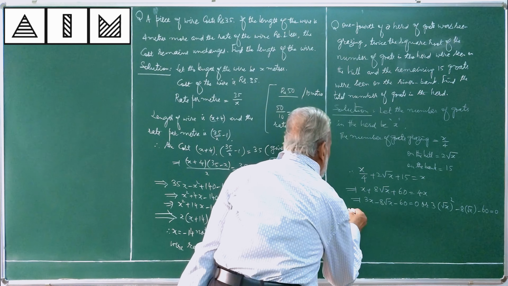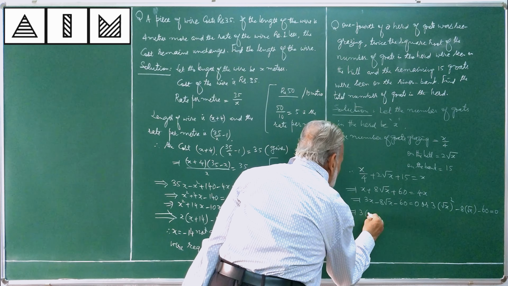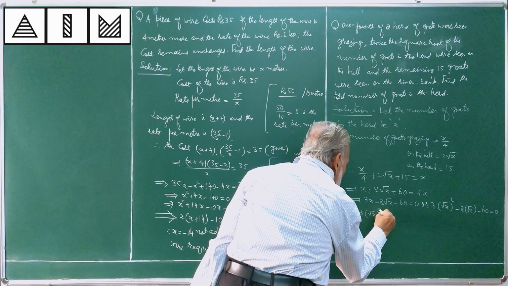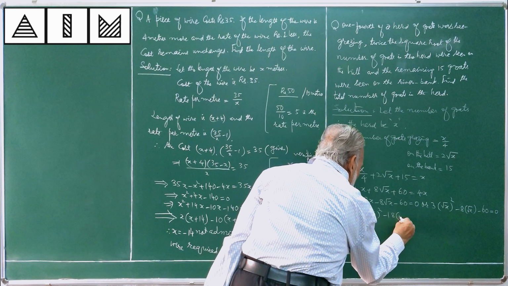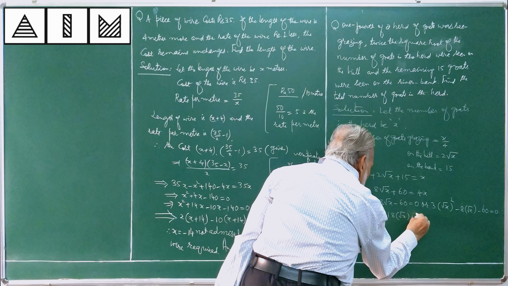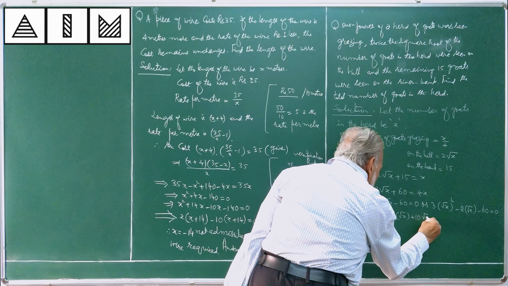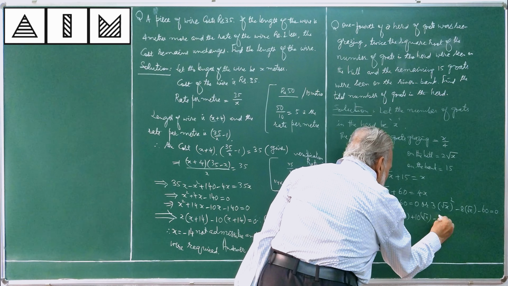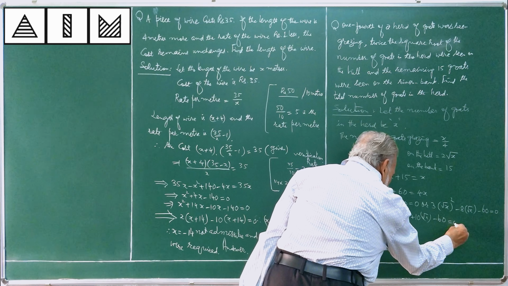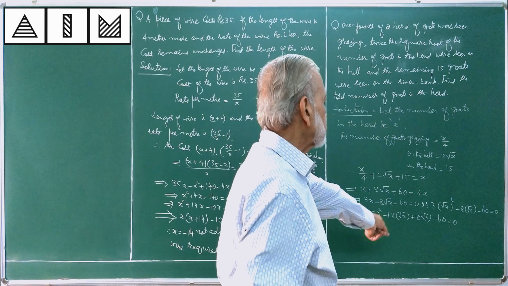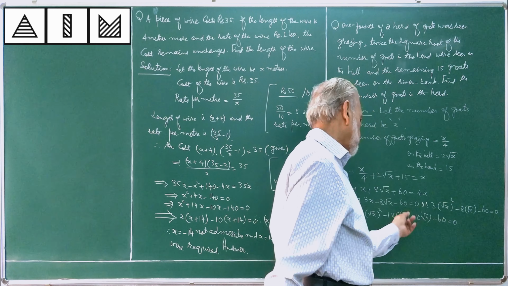Factorization. Understand factorization. Minus 18 plus 10 are the factors, minus 8.